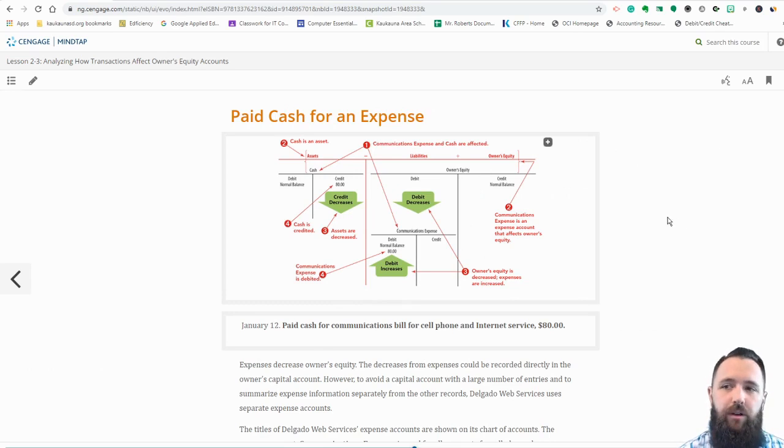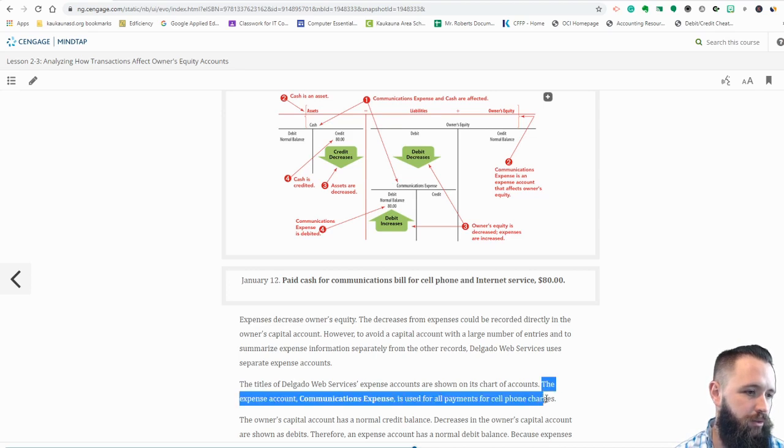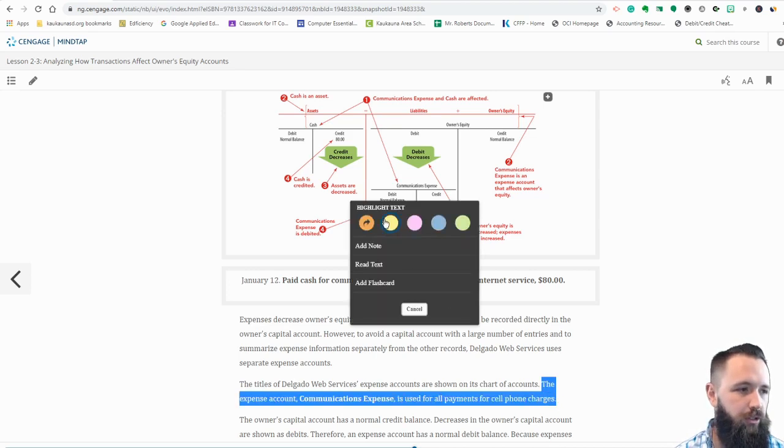Okay, now here's a slide that might rack your brain a little bit, but it's okay. It says we paid cash for communication bill for cell phone and internet service. Now, this is very, very specific, right? At this point, the expense account is used for all payments of cell phone charges, right?